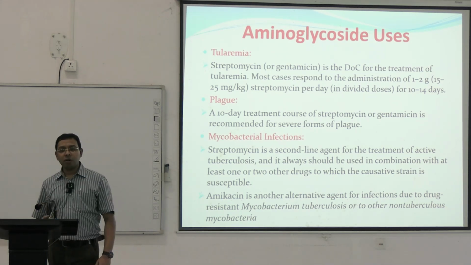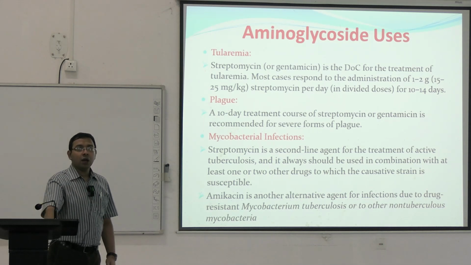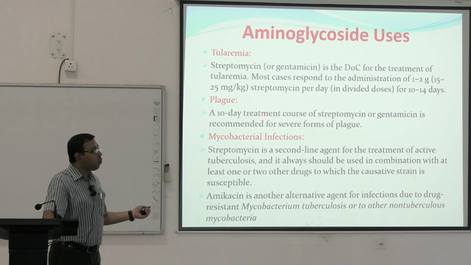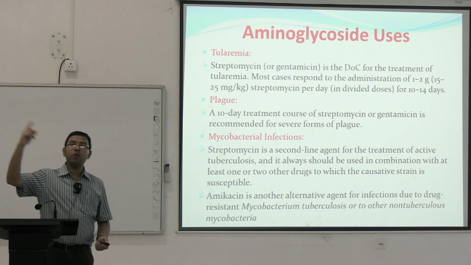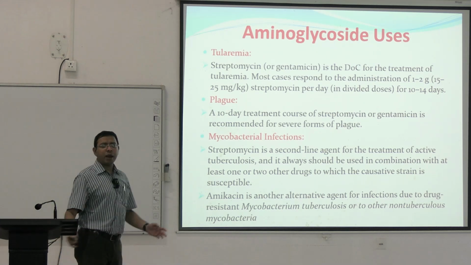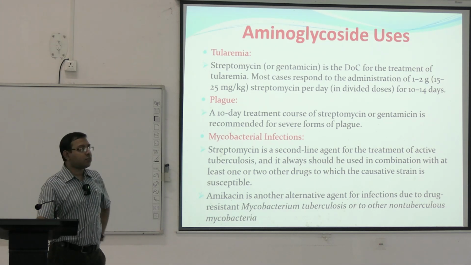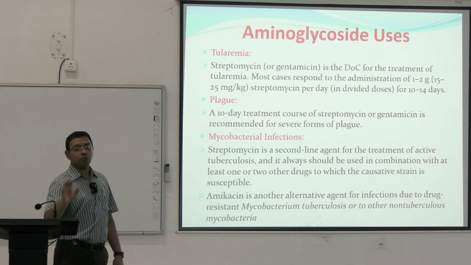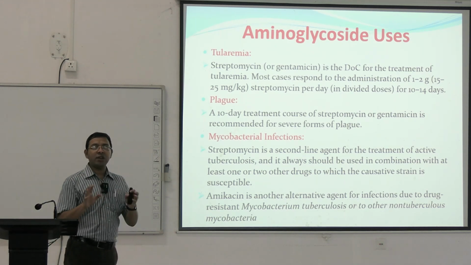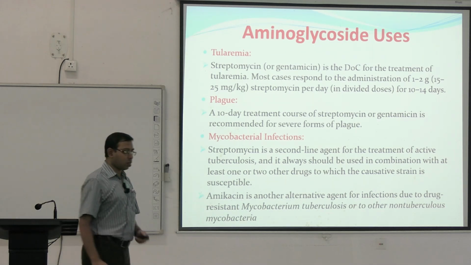There are different types of plague, already we have seen in microbiology, like bubonic plague, etc. Ultimately, if we can control it with these aminoglycosides, that will not lead to the cerebral compromise. Mycobacterial infections, time and again we have seen there are 3 aminoglycoside antibiotics, streptomycin, kanamycin, and mostly amikacin. These 3 are mostly used in the treatment of Mycobacterium tuberculosis.